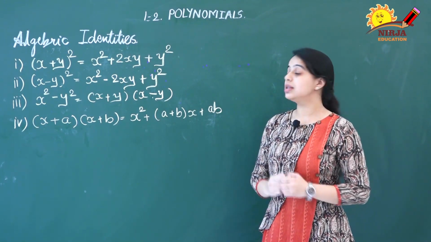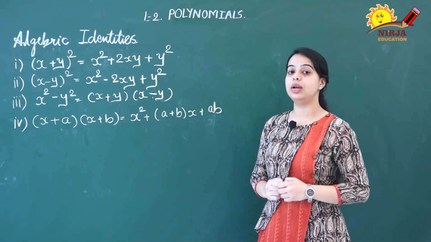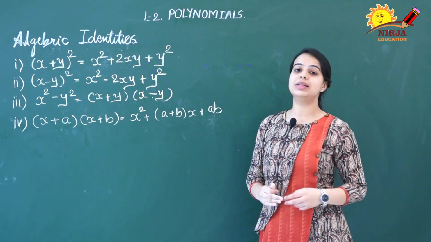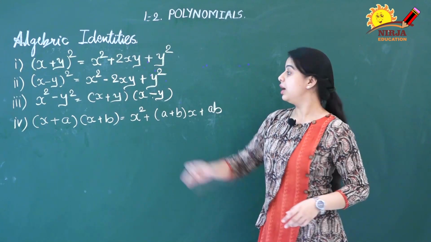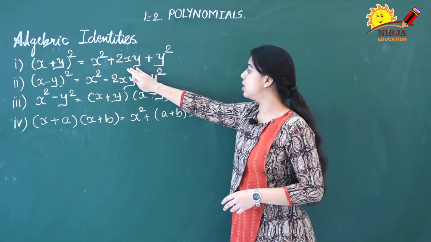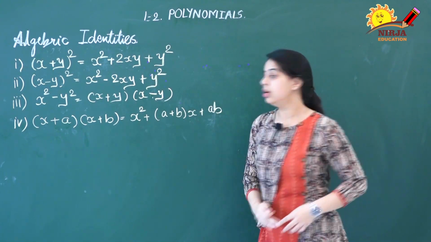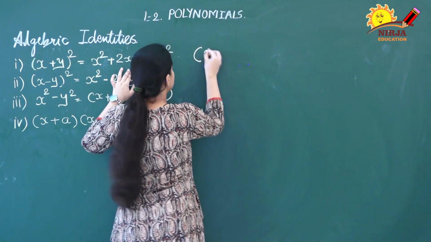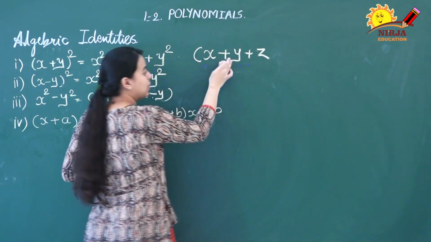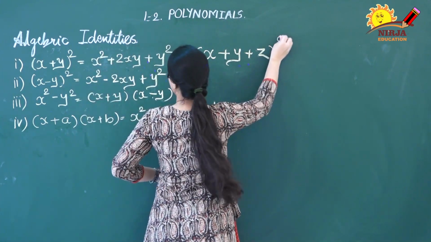If you have noticed, till now you have studied only binomial polynomials. Now let us move towards trinomial polynomials. Here I am going to use identity 1, and on the basis of this we are going to discover another identity for a trinomial polynomial, which is (x plus y plus z) whole square.